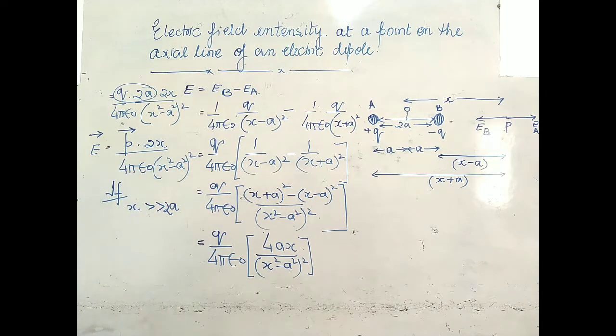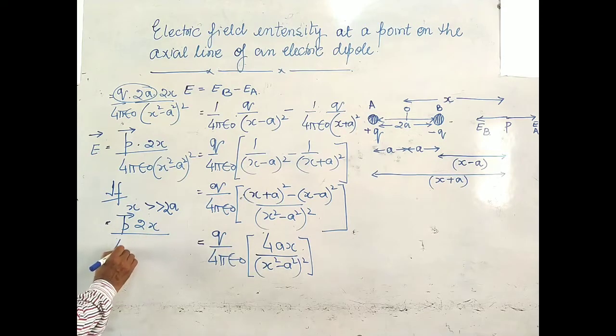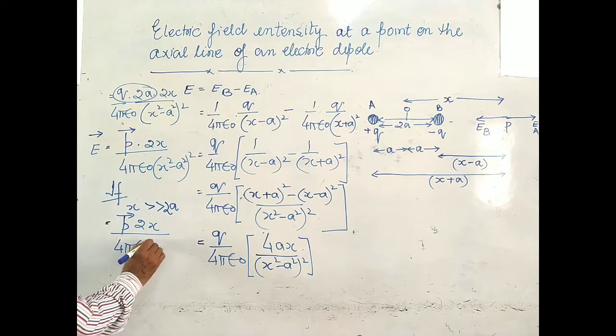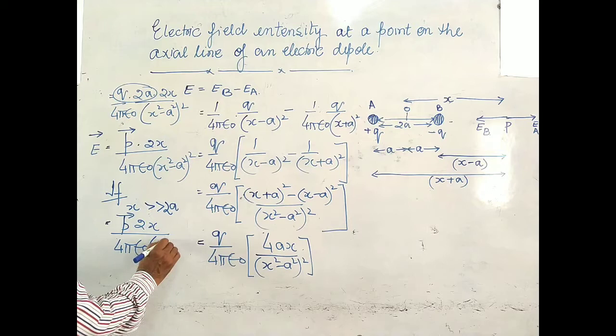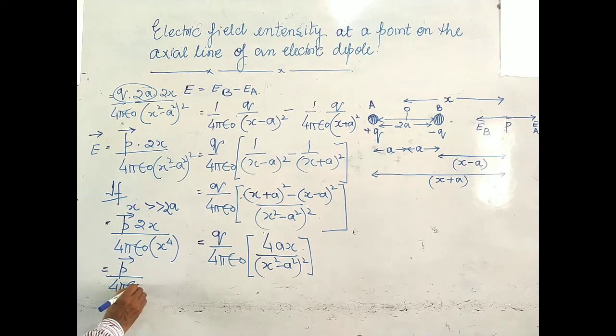So the remaining quantity will be E is equal to P vector 2x upon 4 pi epsilon naught x power 4. So you will get P vector upon 4 pi epsilon naught into x cube, with a factor of 2.